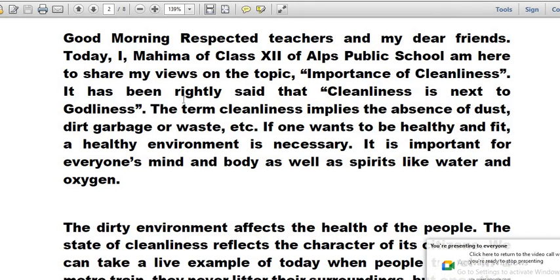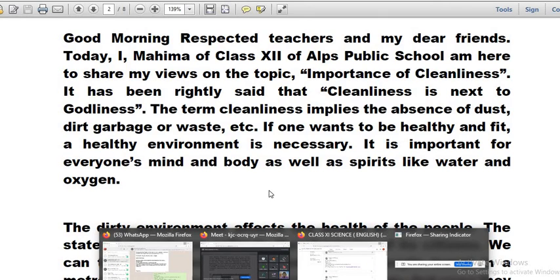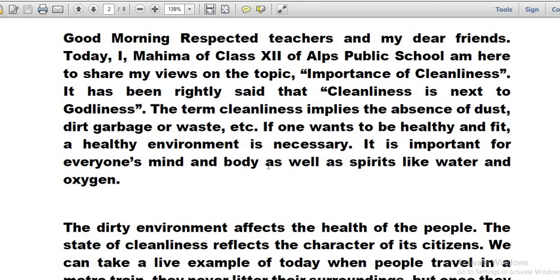Yes, it has been rightly said that cleanliness is next to godliness. This is a very age-old proverb, and I guess you all know about this, isn't it? The term cleanliness implies the absence of dust, dirt, garbage or waste, etc. Now actually, what does the term cleanliness suggest?